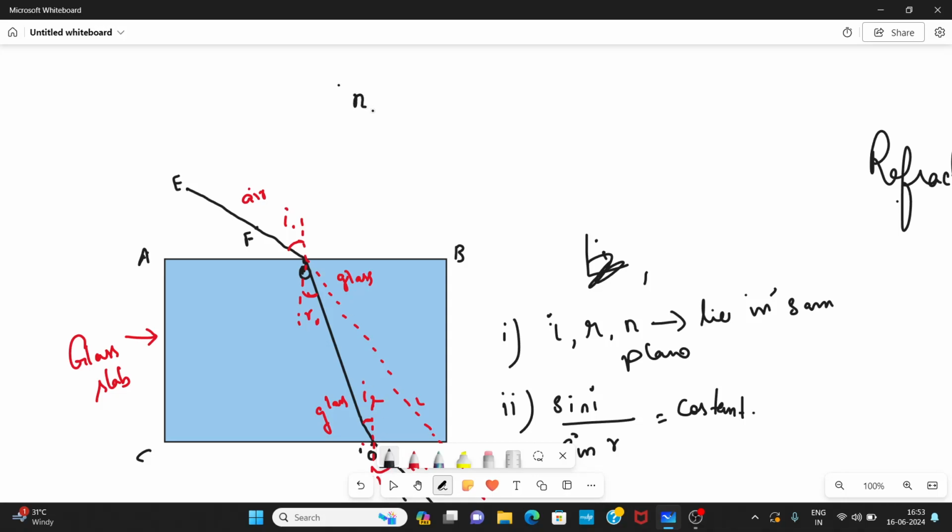At the point O, refractive index is represented by N, and it is given by the speed of light in medium 1 to the speed of light in medium 2. This I am observing at point O, so this will be represented as N21.